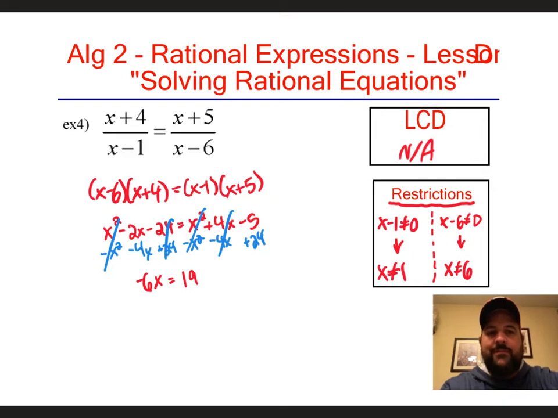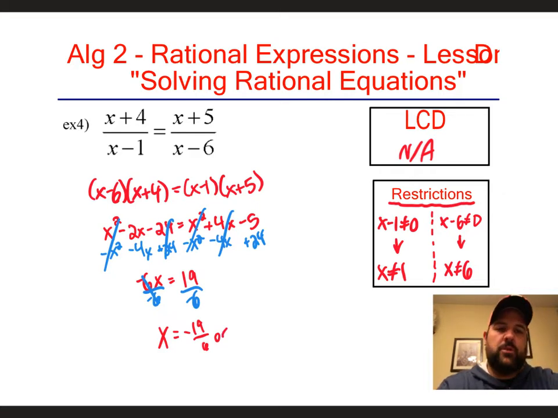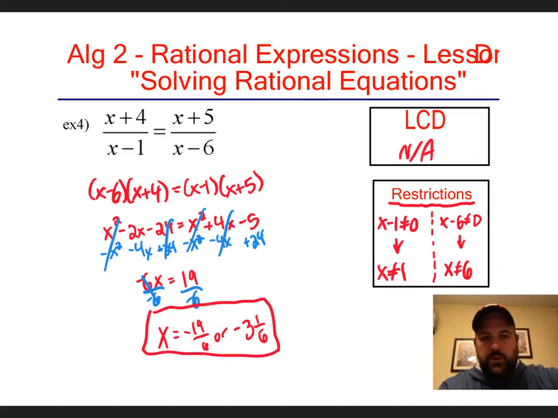And we're going to divide by negative 6. X equals negative 19/6, or again, if you want to write it as a mixed number, negative 3 1/6. Neither of those are restricted values, so that's our final answer.